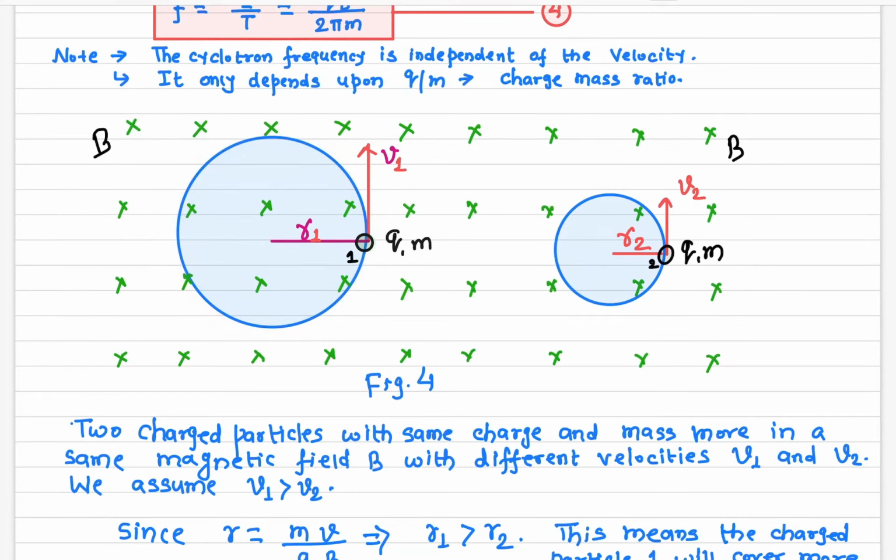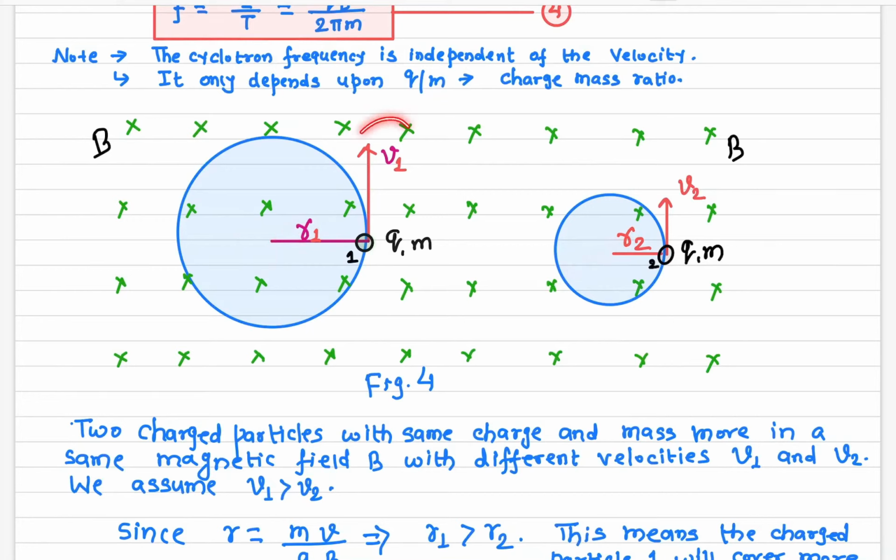If it is moving with a smaller speed, it will move into a smaller orbit. As it is moving into a smaller orbit, it will take a smaller time. As the other is moving with a larger speed, it will move into a larger orbit, and again the time period would be exactly the same in both cases.